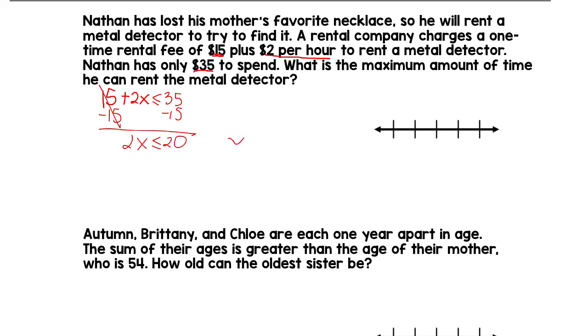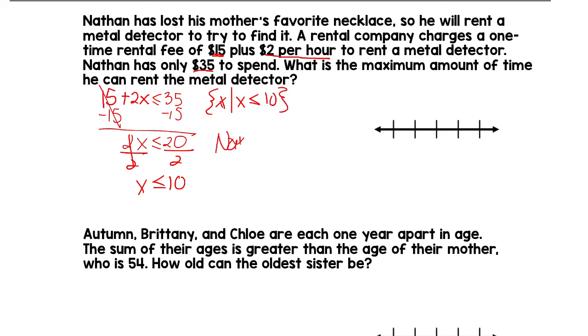Sorry, cat laid on the mouse. And then we divide everything by 2. And x is less than or equal to 10. So he can have it less than or equal to 10 hours. Let's write this in solution set notation. x given that x is less than or equal to 10.